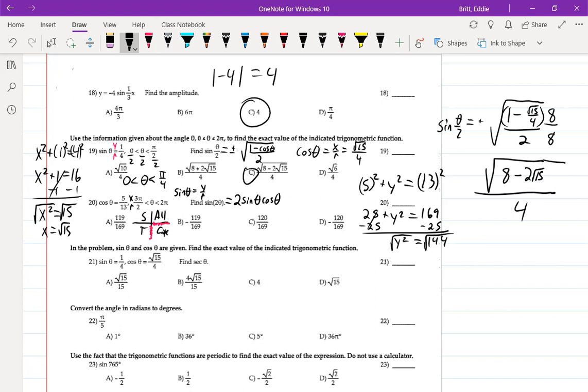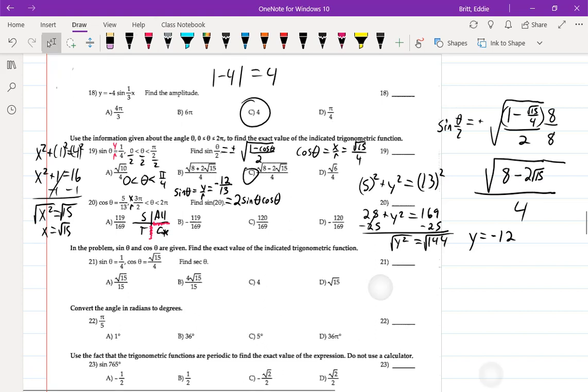Take the square root of both sides. Again, remember we're in the fourth quadrant, so y is going to be equal to a negative 12, not a positive 12. So now I can figure out what sine of theta is equal to. Sine of theta is going to be negative 12 over, what was r? 13, right? So it's negative 12 over 13.